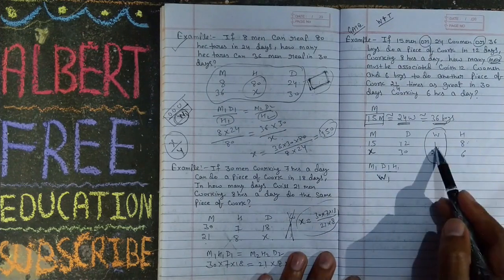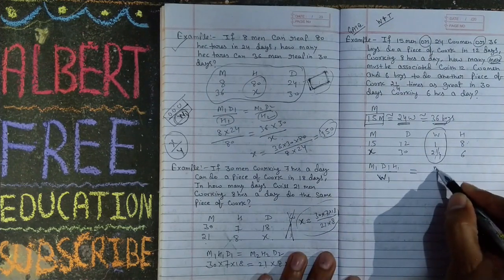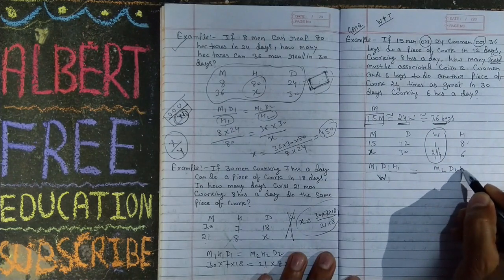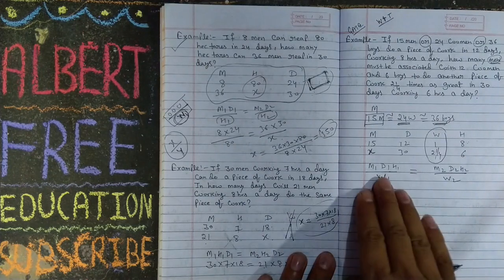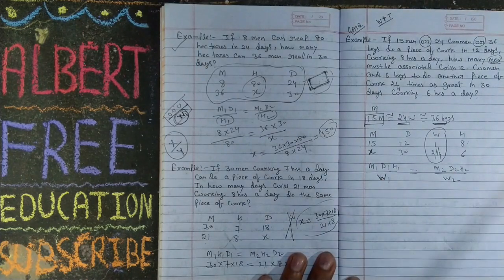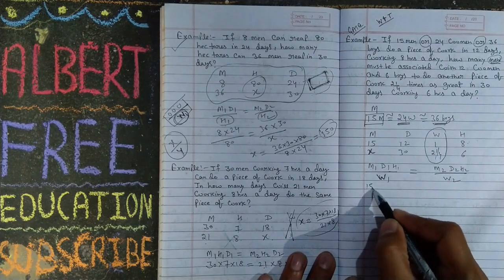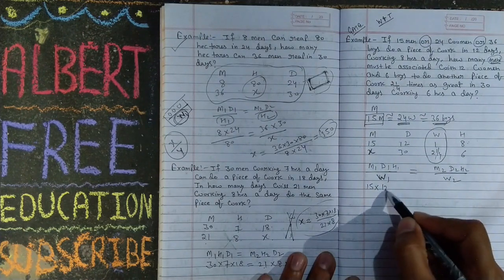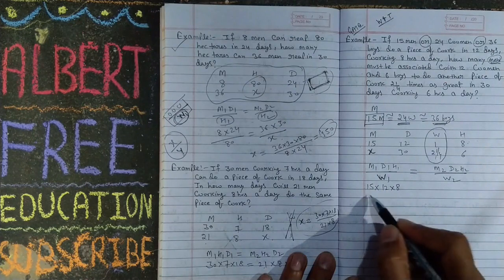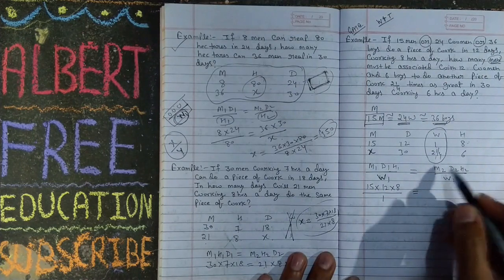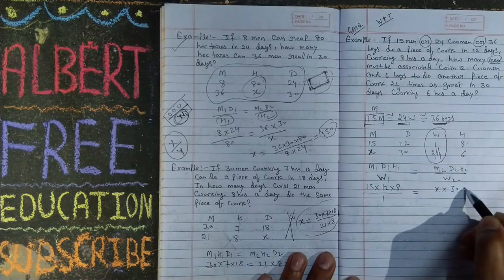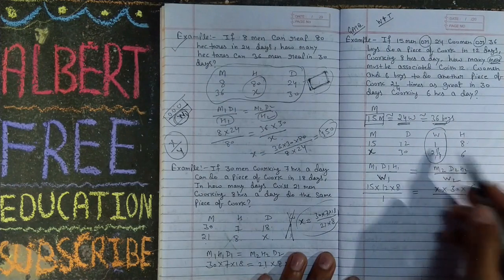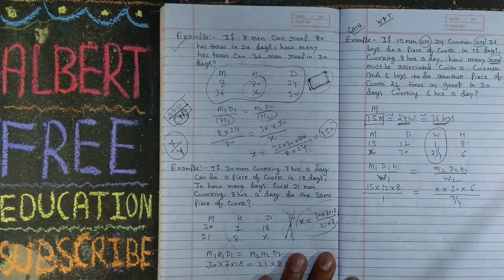M1 D1 H1 upon W1 is equal to M2 D2 H2 upon W2. So this ratio and this ratio are both the same. Your M1 is 15, D1 is 12, H1 is 8, and W1 is 1, equal to M2 is X, which we have to find, D2 is 30, and H2 is 6 upon 4 to the 8, or 9 upon 4.